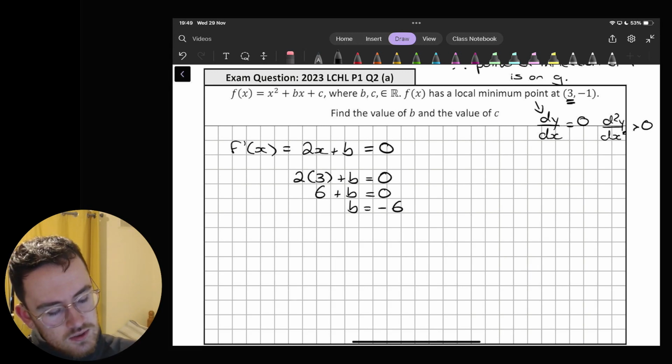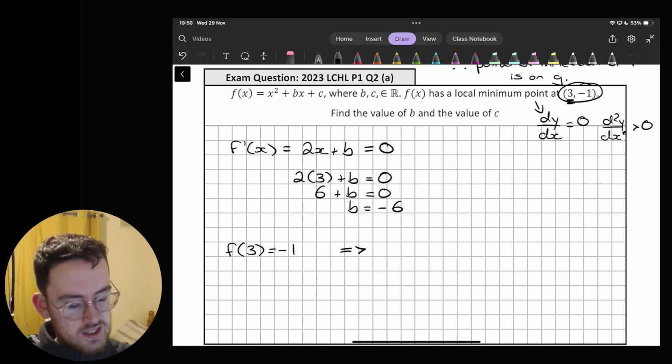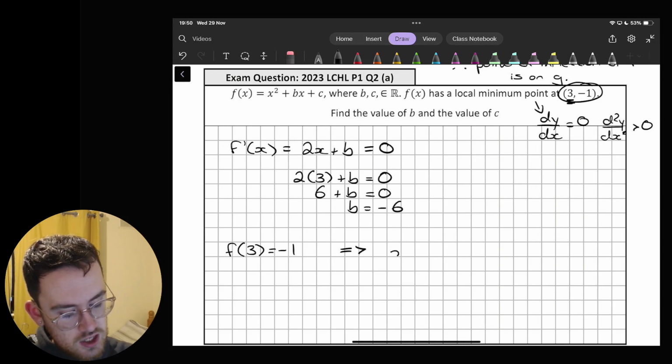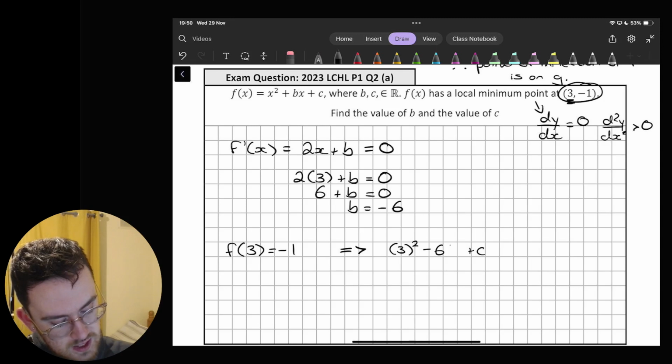But what we can do is use the point. We know the point is on the line, and that should mean that f of 3 should be equal to minus 1, because we haven't used the minus 1 part yet in any part of this question. So let's sub in 3 for x, and it should all be equal to minus 1. So 3 squared plus b, well, we know b now is minus 6, so minus 6 times 3 plus c equals minus 1.